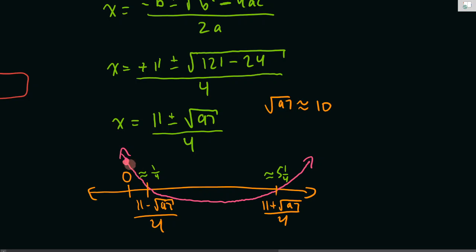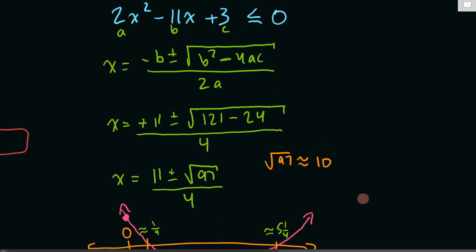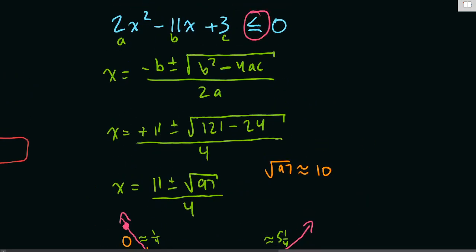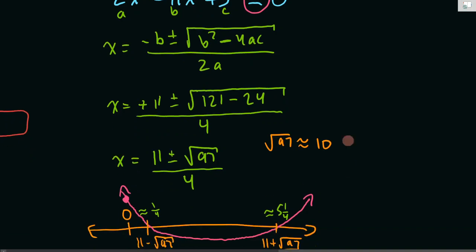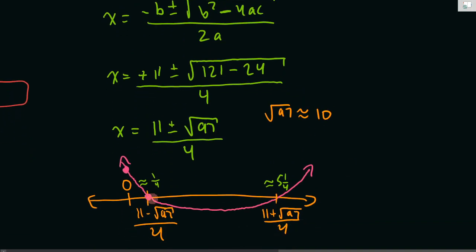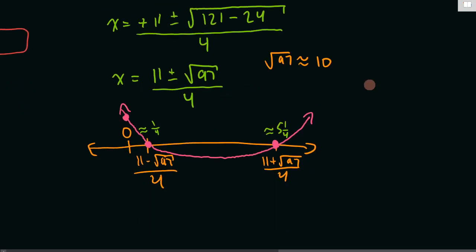By knowing one point that is positive here, when it goes through the 0, it's going to switch. And when it goes through the 0 here, it's going to switch. And I think I said less than or equal to. So my points on my number line are both going to be solid points because we're including those values. And I want less than, so less than is the interval here between the 2 points.